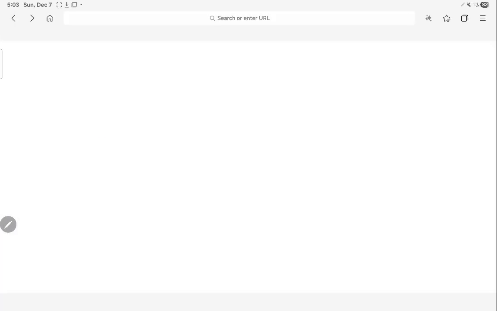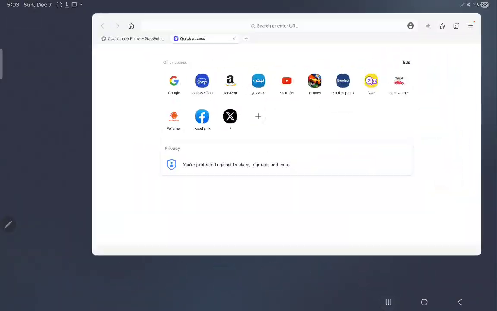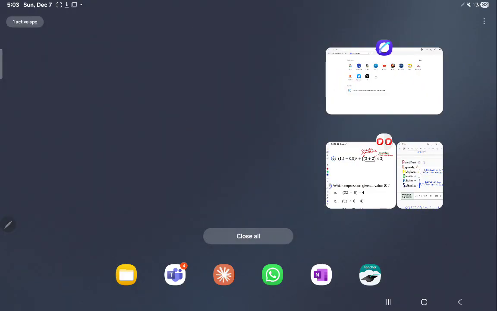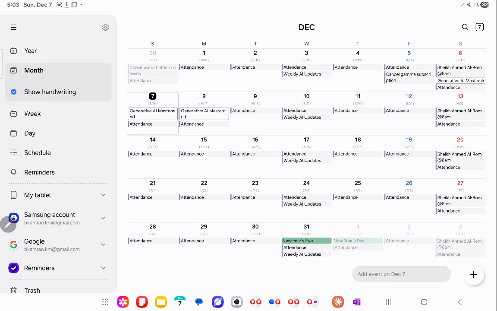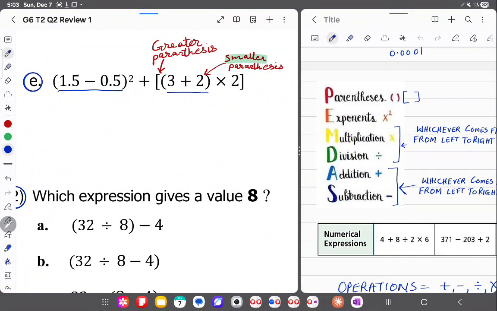So 1.5 minus 0.5 will give us 1. You can check here.